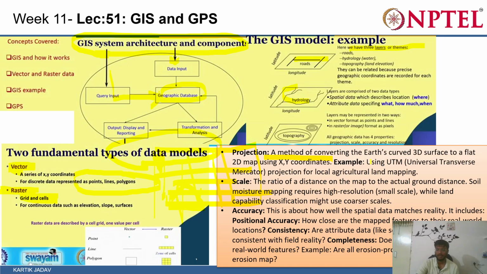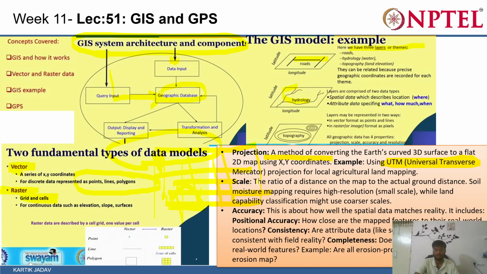An example is UTM, Universal Transverse Mercator. We generally use UTM projection when we are transferring our data from a geographic coordinate system to a projected coordinate system.